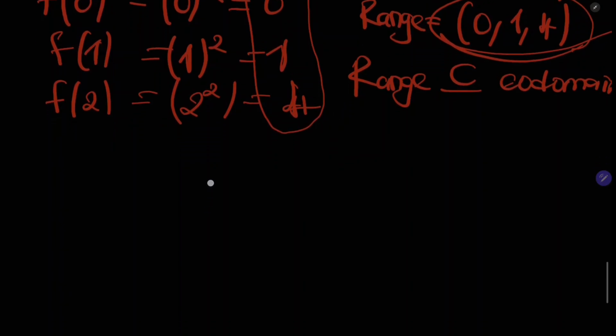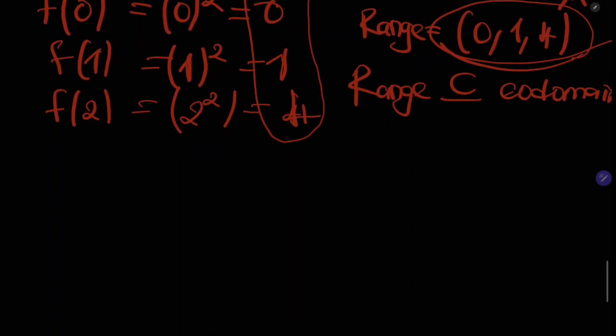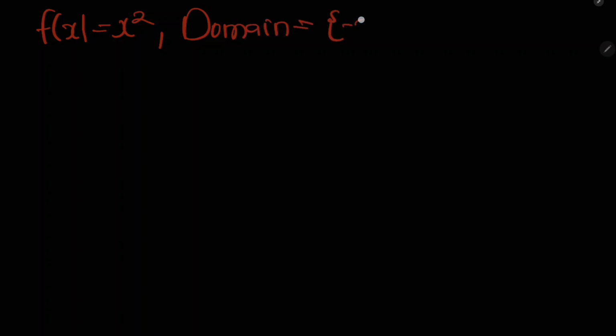So let's take another. We're going to solve 2 more examples quickly in order to ease your understanding. Let's have another function: f(x) = x squared with its domain consisting of -2, -1, 0, 1, and 2.